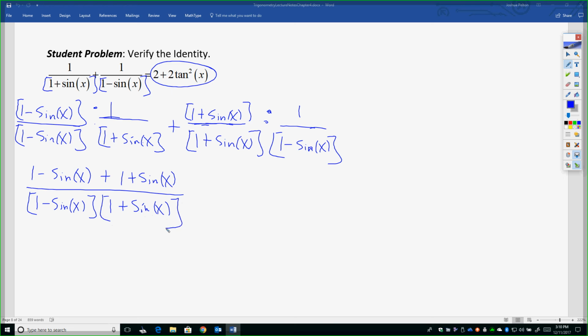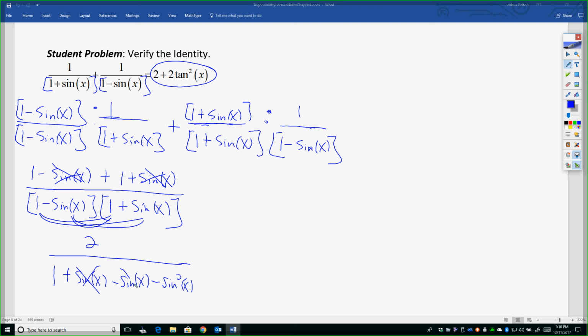So canceling the sines on the top, I'm left with a 2. And multiplying on the bottom gives me a 1 plus sine minus sine minus sine squared.